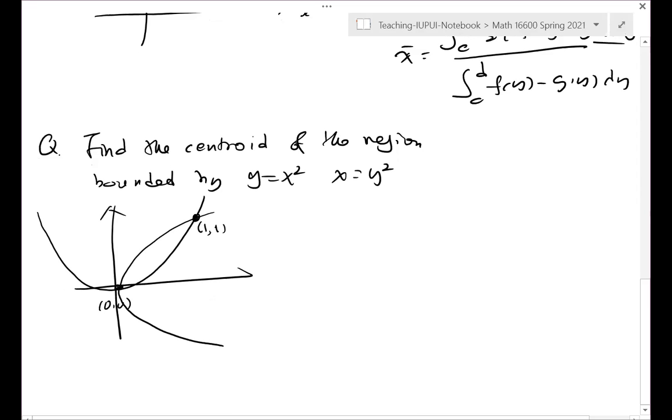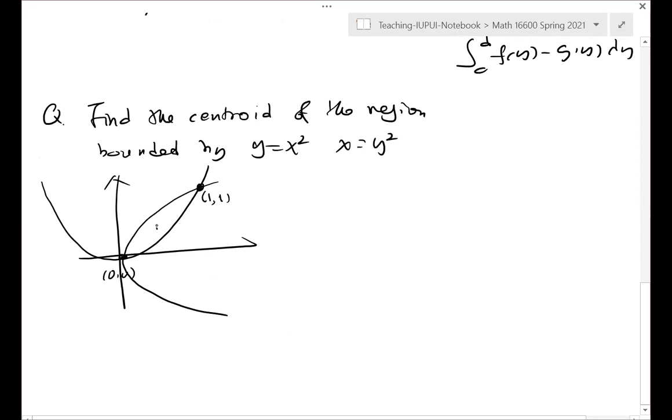what is the best way to set up the integral for x bar, y bar? Well, for x bar, you can always project. I try not to use the formula I mentioned, okay? This is the length, right?